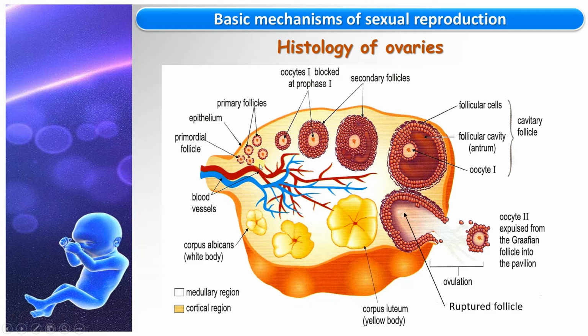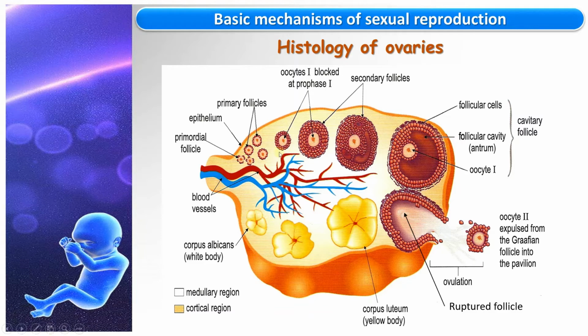Basically, a follicle consists of an oocyte surrounded by many layers of follicular cells. Starting from puberty, primordial follicles develop by getting more layers of cells, and we can see this in this document.